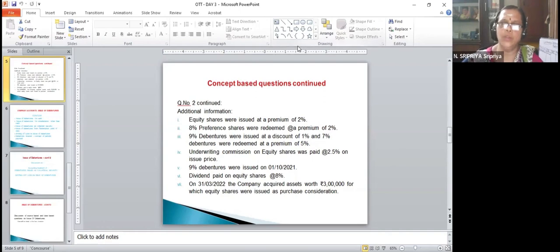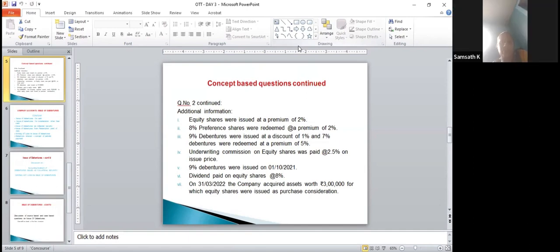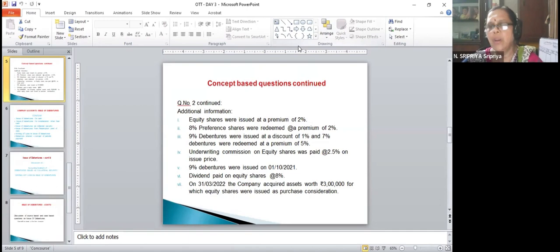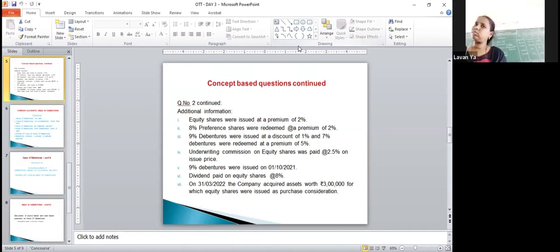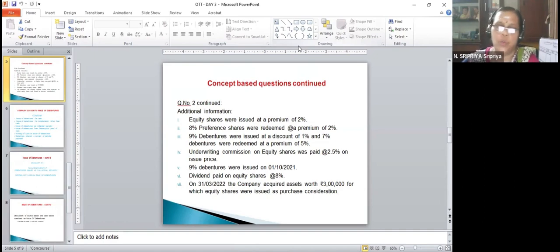You have equity shares. Now go to the first additional information: equity shares were issued at a premium of 2%. Check all the additional information pertaining to equity shares. Underwriting commission on equity shares was paid at 2.5% on issue price. Please remember, underwriting commission is paid only for equity shares, not for debentures or preference shares.